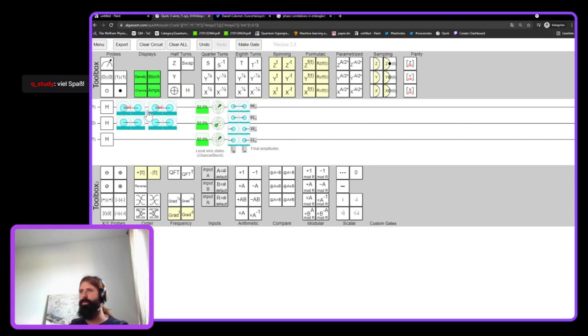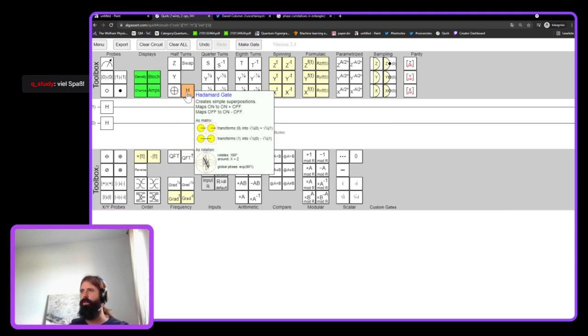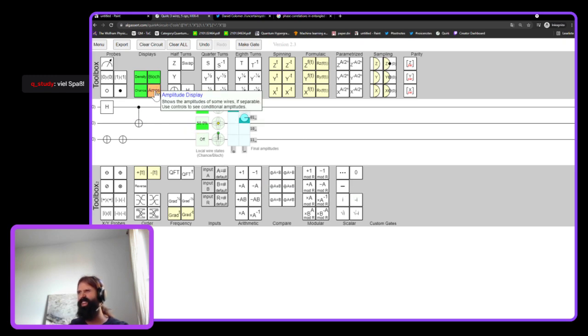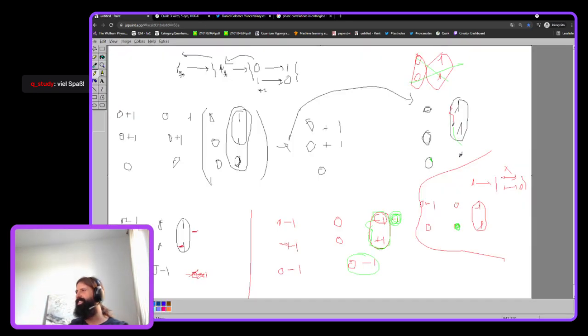So this is where the model breaks. What if I do these? So this is in the zero state. That's zero, and now I do this. So that is actually this problem here.